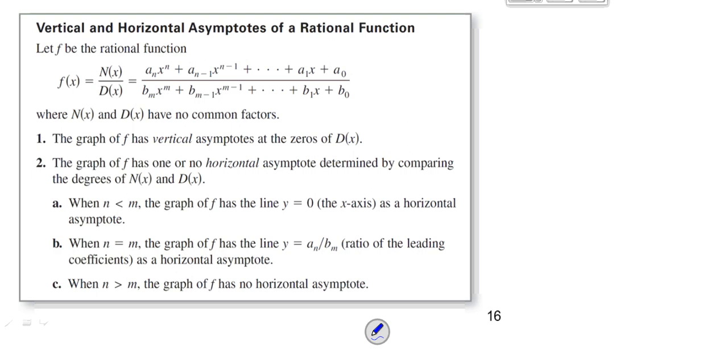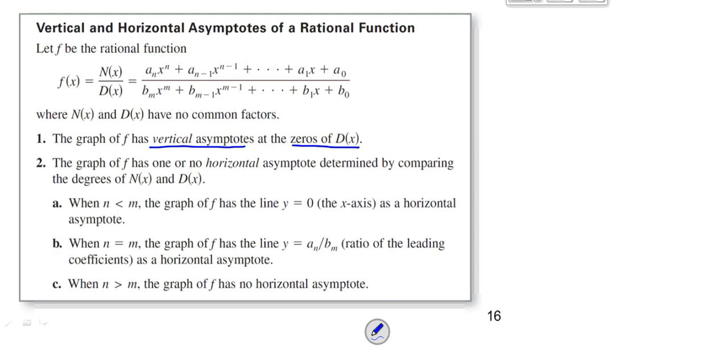Then the graph of f has a vertical asymptote at any of the zeros of the denominator. So if we set the denominator equal to 0, then that's how we find our vertical asymptotes: vertical asymptotes when the denominator is equal to 0.